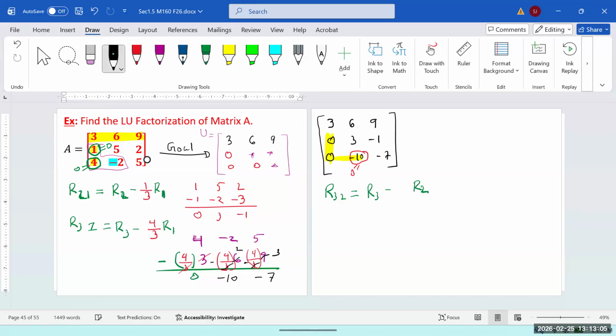So let's see. Our row 3 is 0, -10, -7. Our row 2 is 0, 3, and -1.